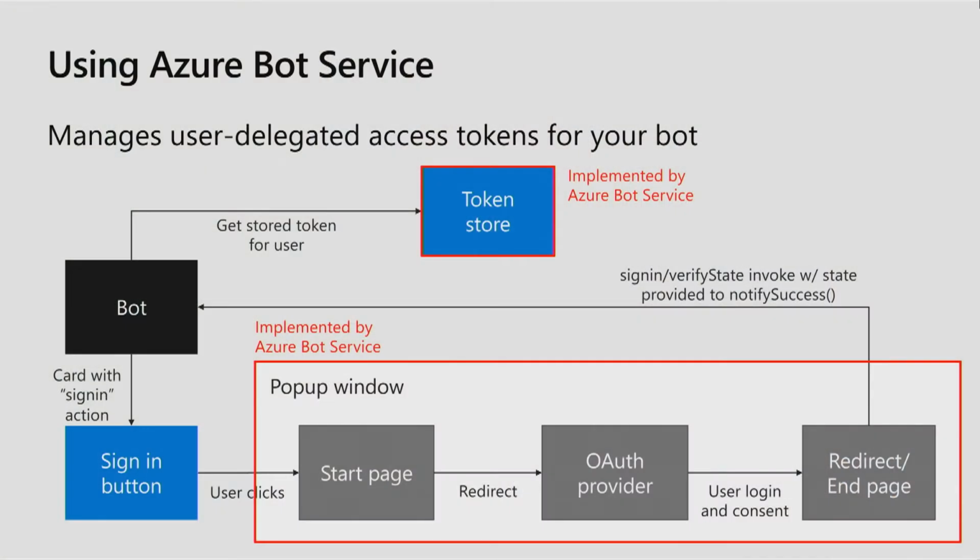Expert Finder was registered using Azure, so it was easy to implement the auth flow. It was able to use the Azure Bot Service, which implements key parts of the process for you. So instead of handcrafting the auth URL and what happens inside the pop-up window, we could simply send a sign-in action that points to a page that's hosted by the Azure Bot Service itself.